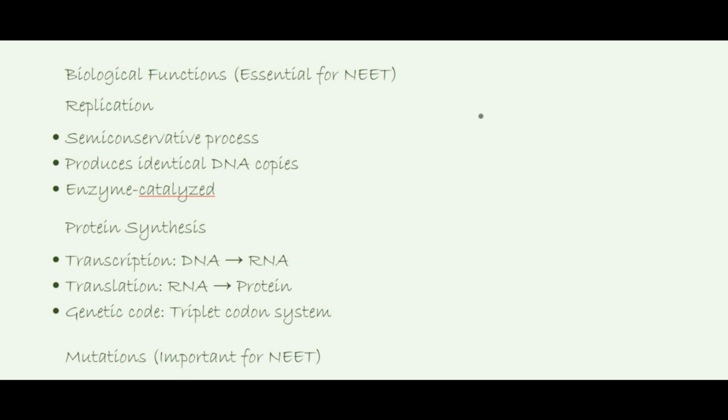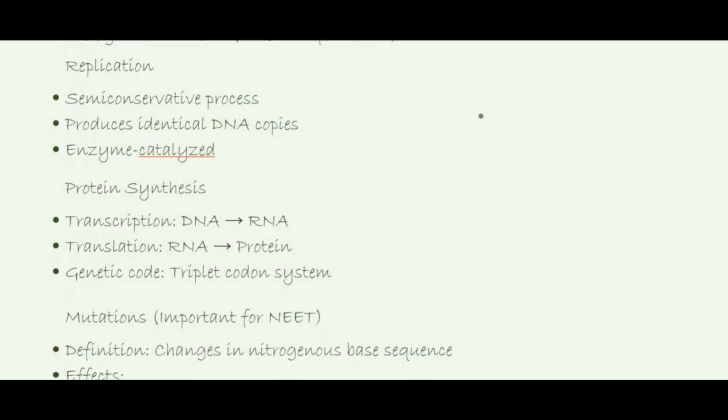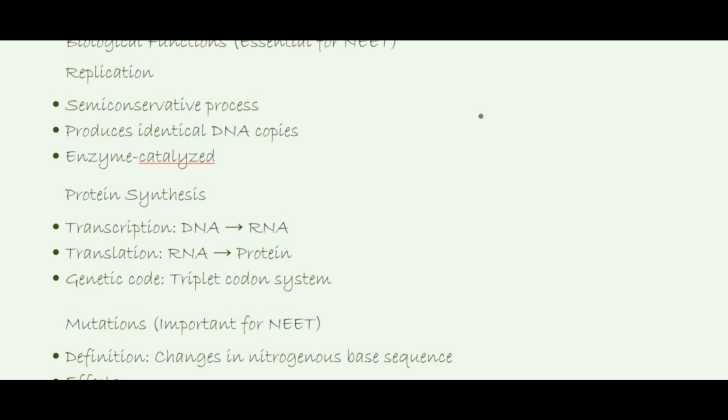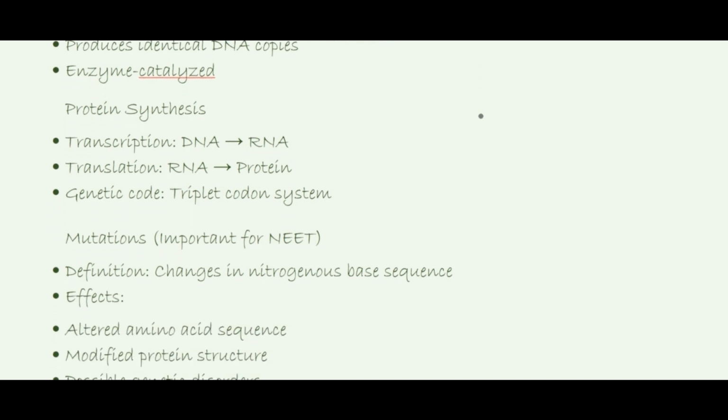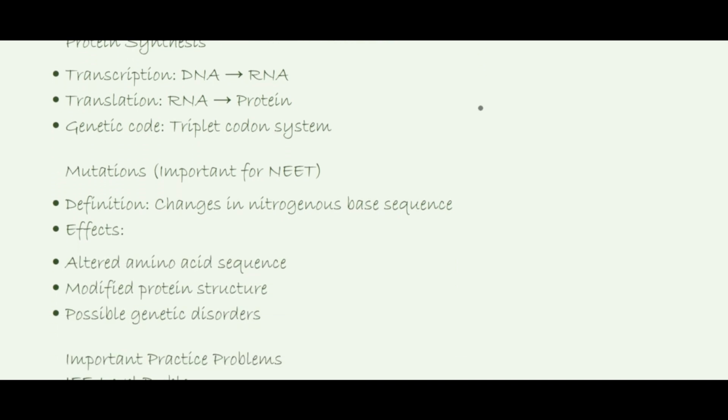Transcription is the process of synthesis of RNA from DNA in the nucleus of the cell. Genetic code: in the linear sequence, A means next to that, T should be there. That kind of sequence is also a biological function of significance.